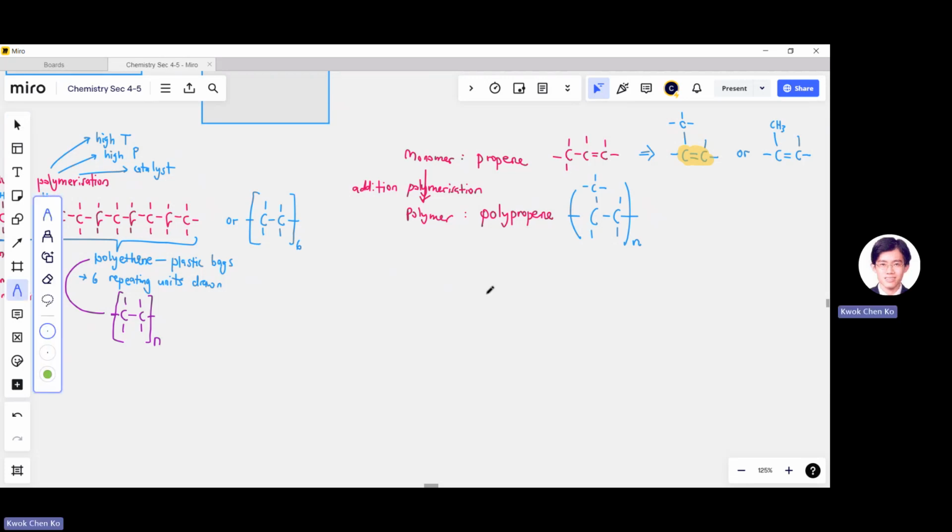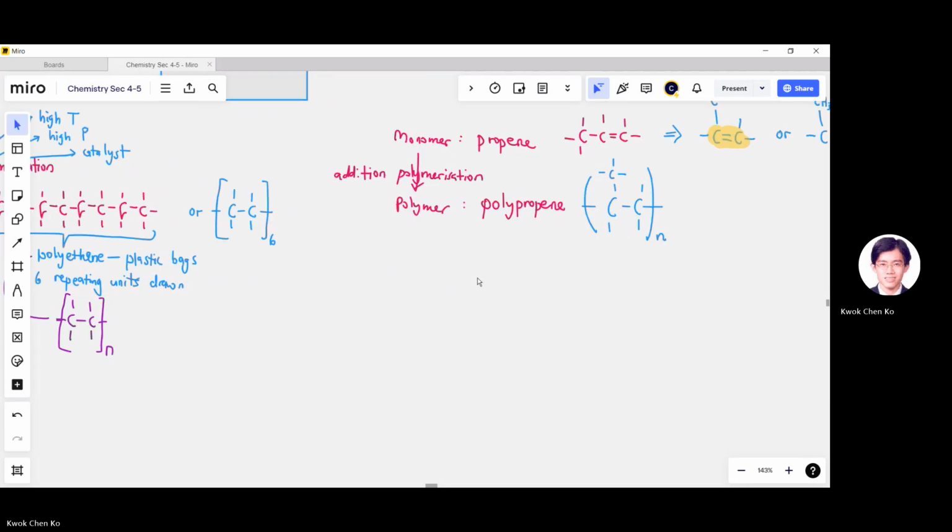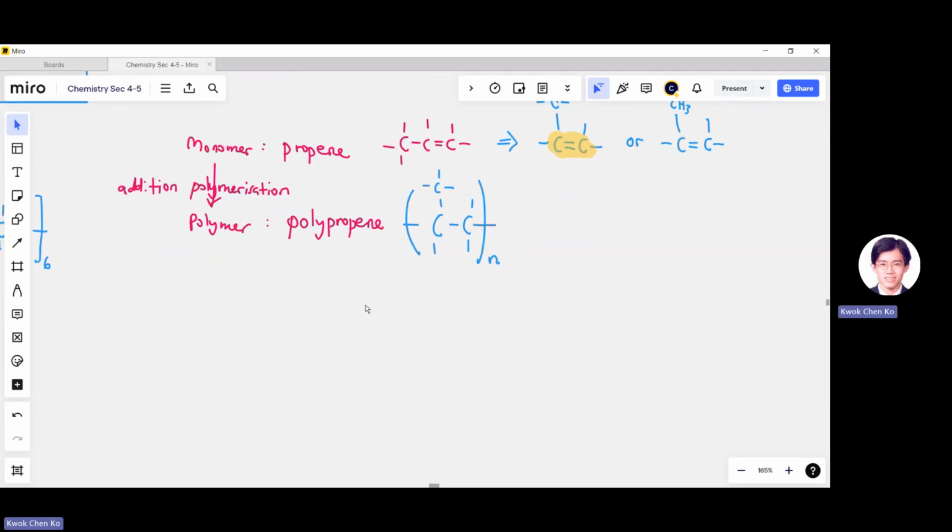Okay, come, one more example. You know what is PVC? This polymer called PVC. That covering, the white covering or white trunking, that one is PVC.